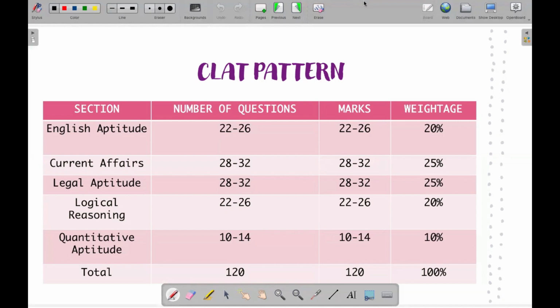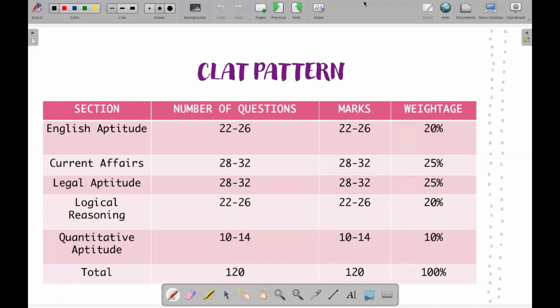Now, this exam has been conducted since 2008. The pattern has changed over and over again. The first change happened in the year 2020, which is relevant even now, when they reduced the number of questions and converted the pattern into a passage-oriented pattern. In 2020, they reduced the number of questions from 200 to 150.